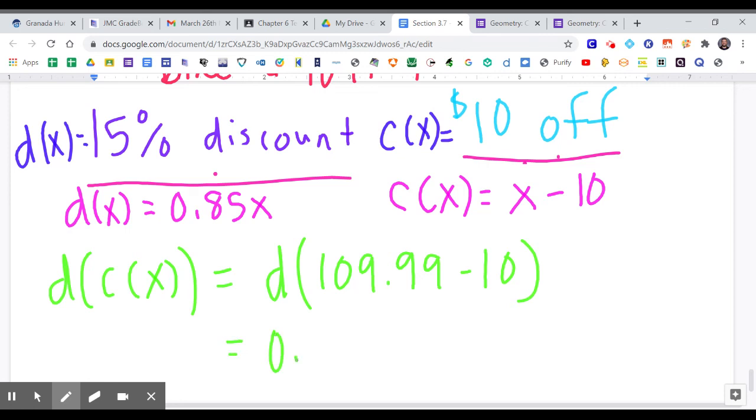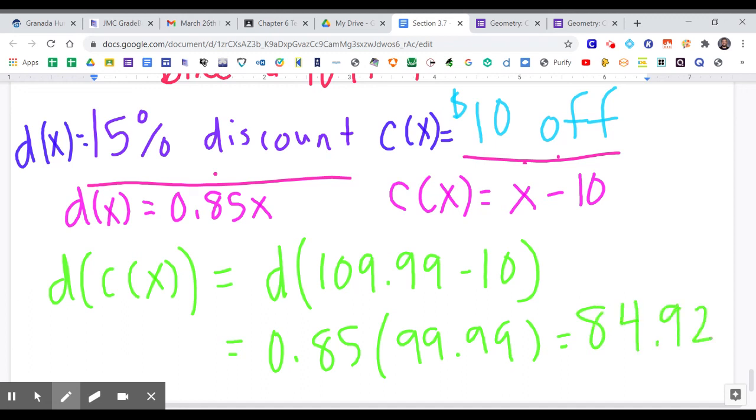And so that would be 0.85 times 99.99. Okay, go to our calculator and we find that that's going to be $84.92.